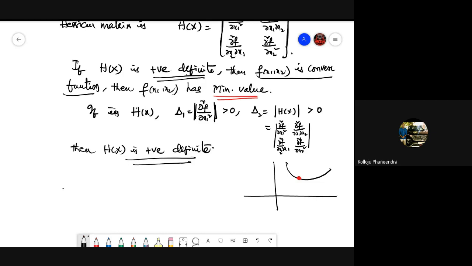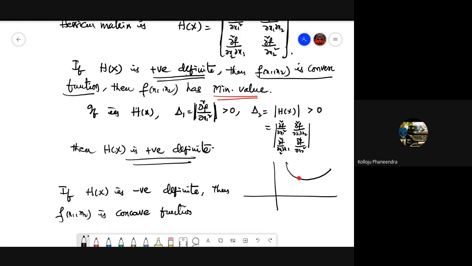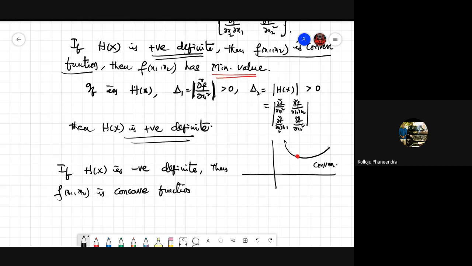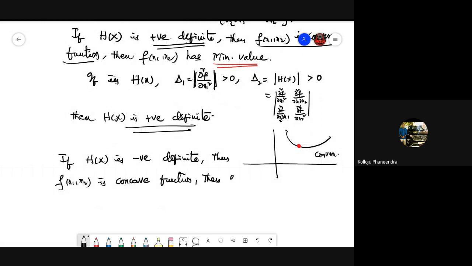Another one is if H of x is negative definite. If H of x is negative definite, then the function f of x1, x2 is a concave function. This is a convex function. The concave function, then f of x1, x2 has a maximum value.